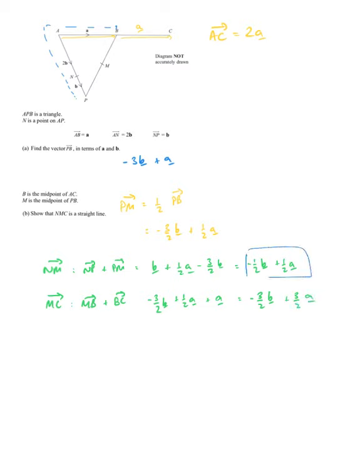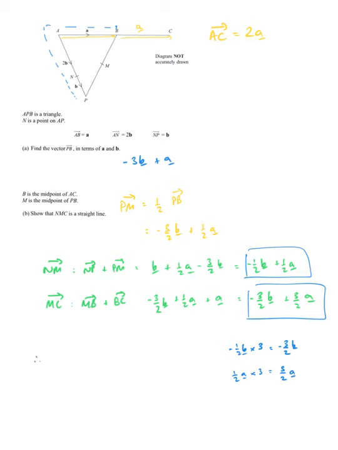So these are the two vectors that I'm particularly looking at. Now we can see there is a common multiplier here. Minus a half B times 3 is minus 3/2B, and a half A times 3 is 3/2A.